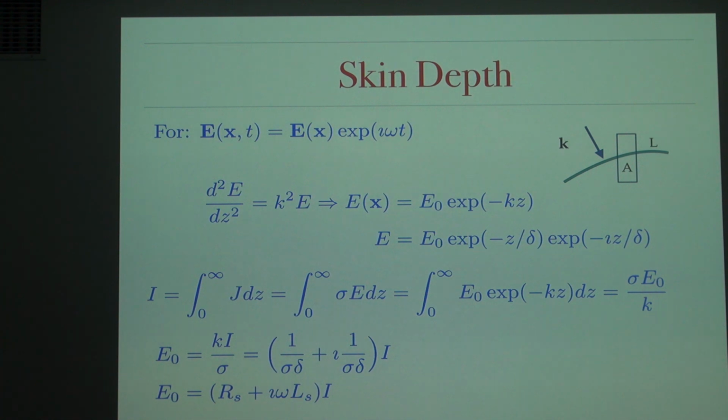So the very simple application of a Maxwell equation tells us that if I have an electromagnetic wave, electric field, which gets to the surface of a material which has a certain conductivity, then the electric field gets into the material on a tiny little length, which is denoted by delta.